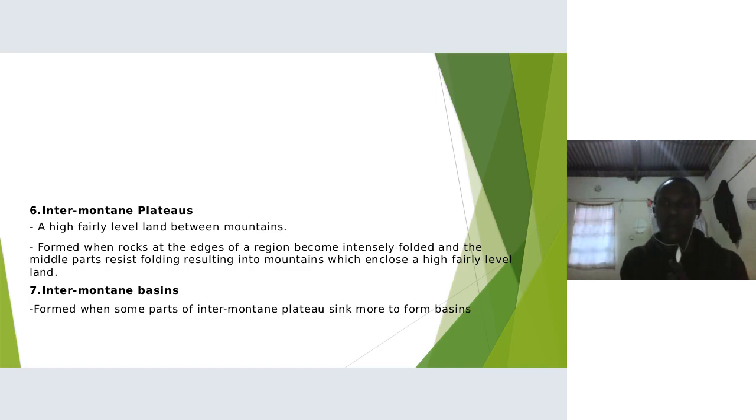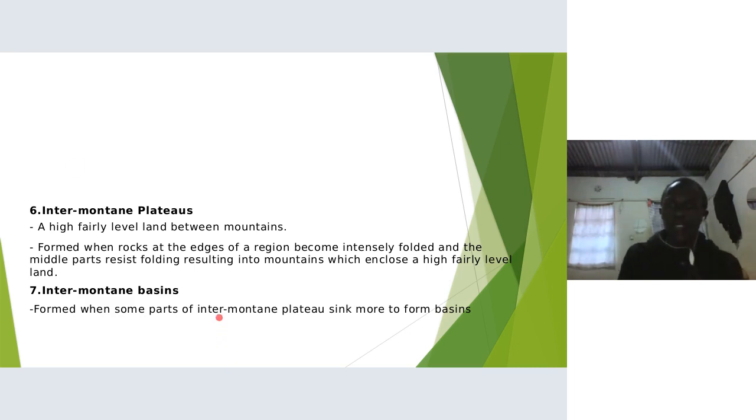Our next one is intermontane plateaus. We do know that a plateau is generally a raised land with a flat top.